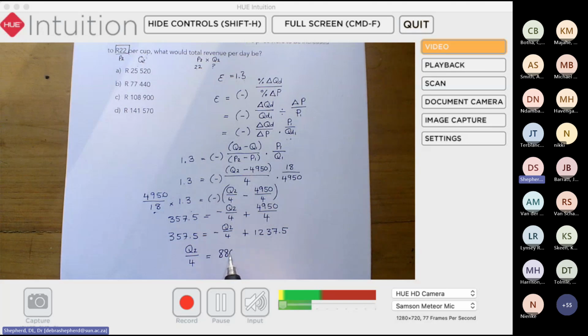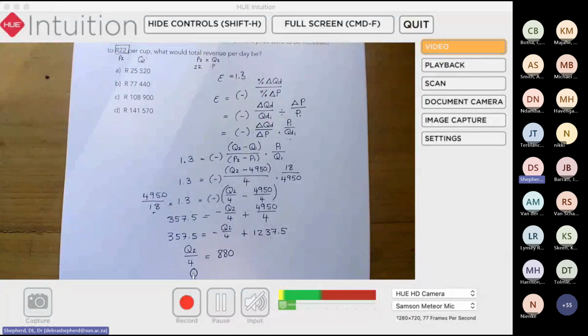880. And that means that the quantity is going to be 3,520.